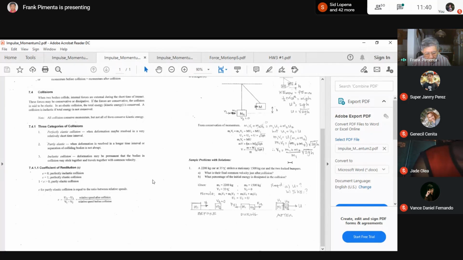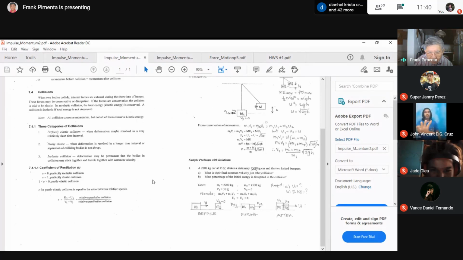Now, the problem is saying there are two cars. One is big and the other is smaller. 2,200 kilograms against 1,500 kilograms. So, mas maliit ito. And the two lock bumpers.